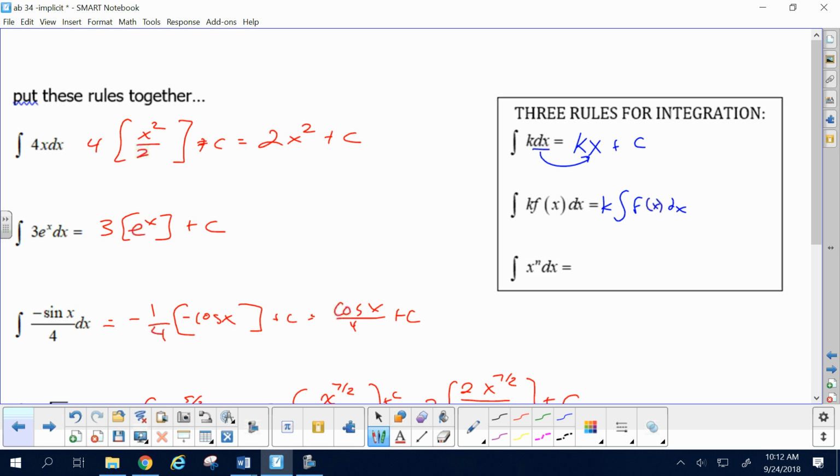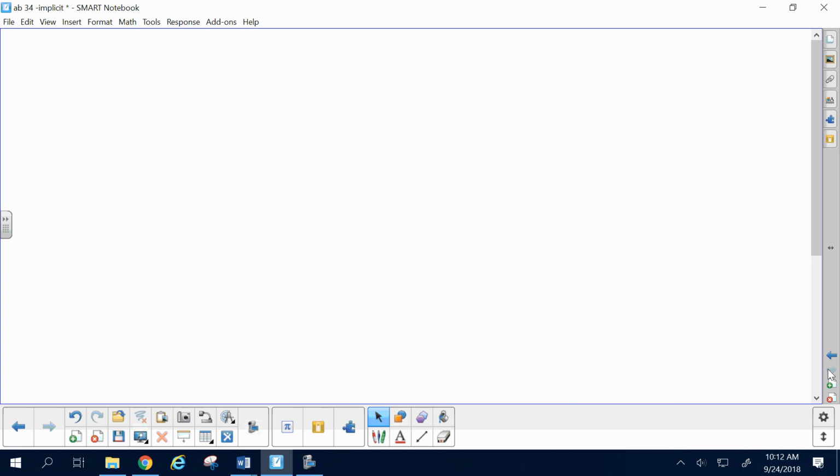And then the power rule. If you integrate something with a power, you raise it by 1, so x to the n plus 1, divide by the new, so also n plus 1. Okay? Sorry about that.